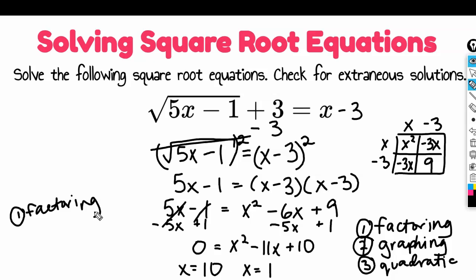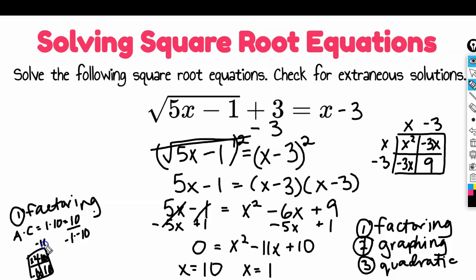So factoring, I'm looking at factors of a, which is 1, times c, which is 10. So factors of 10 that add to make negative 11 is really just negative 1 times negative 10. And so if I were to use the box, negative 1x and then negative 10x.